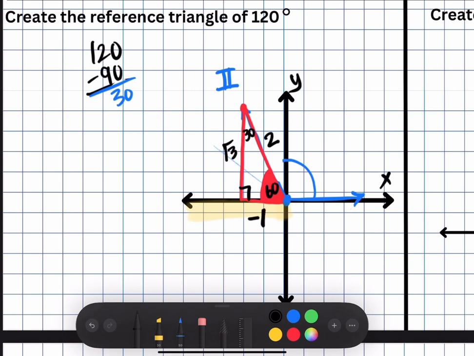So this value here of 1 needs to become a negative 1. Okay, be really careful. Now, when I'm on the second quadrant, I go upward on the y-axis. And going up on the y-axis means that I have a positive y value. So I'm good here. And your hypotenuse is always positive. So having a positive 2 works.